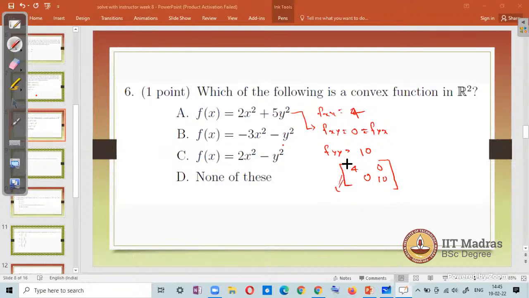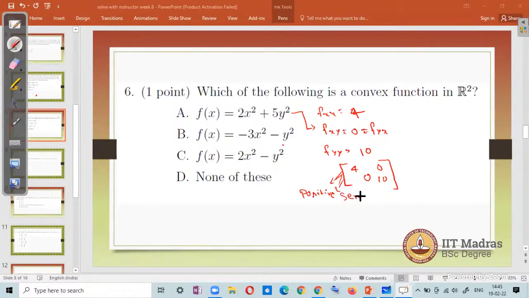I was asking that if you have this particular Hessian matrix, you have to decide whether it's a convex function or not. Whatever you guys said is correct, I'm just introducing the terms.